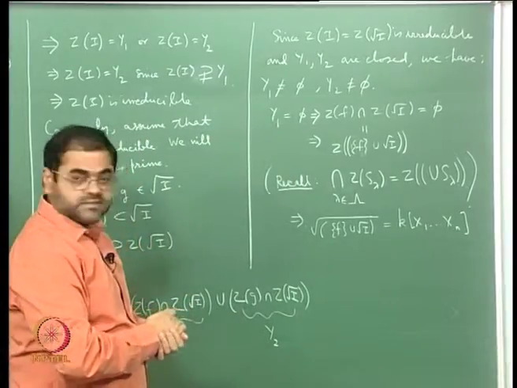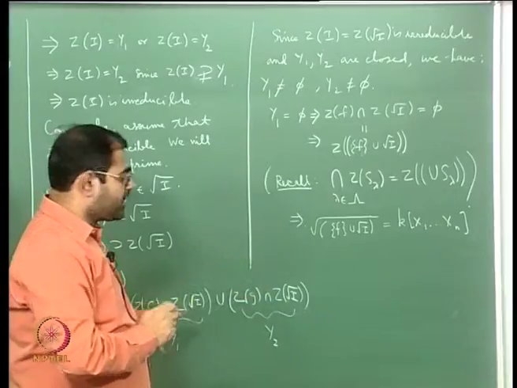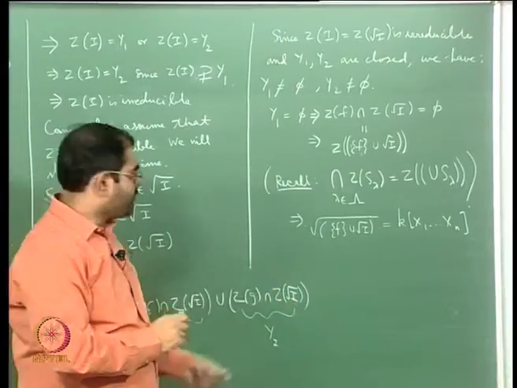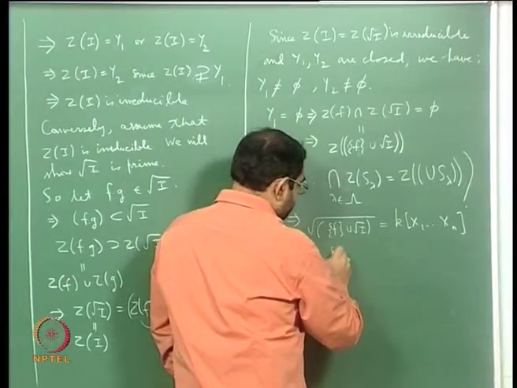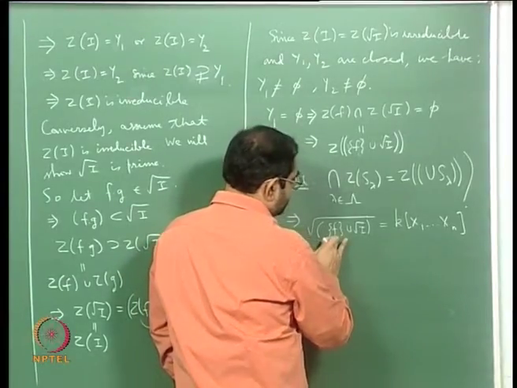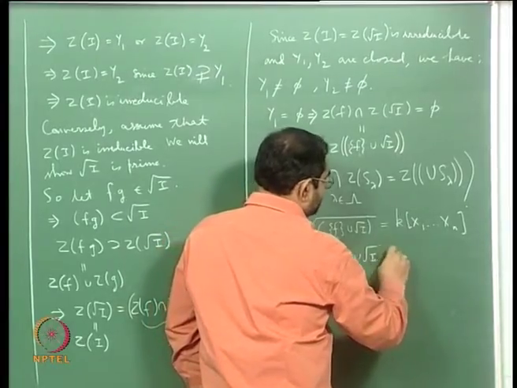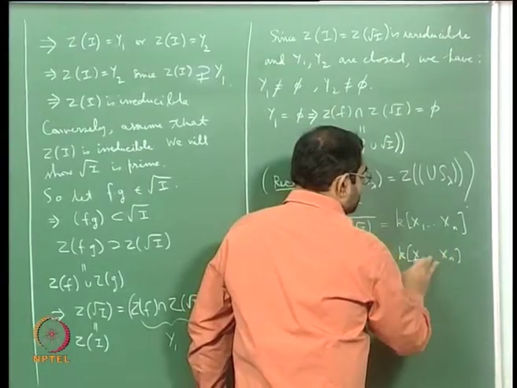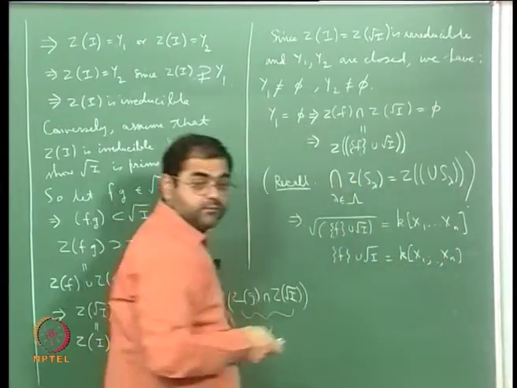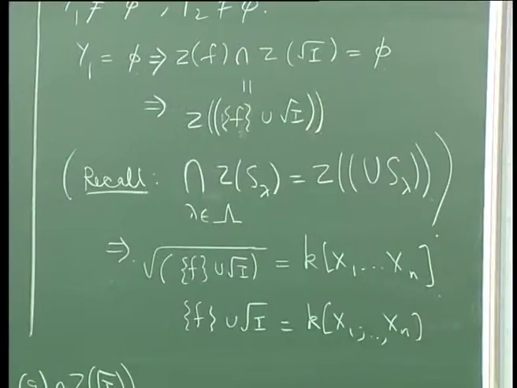And if this happens, I am done; otherwise I have to proceed further. So what does this mean? This means that the ideal generated by f union rad I is itself the polynomial ring. This is again a fact I am using: if the radical of an ideal contains a unit, then the ideal itself contains a unit.